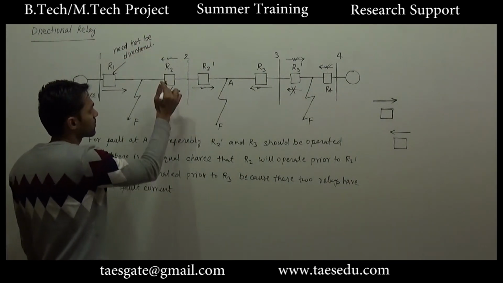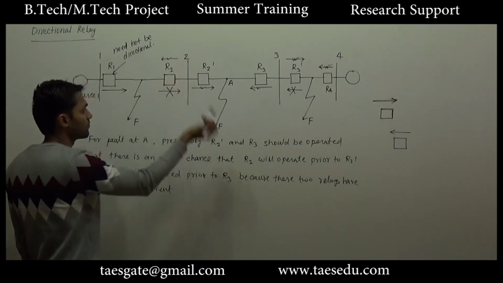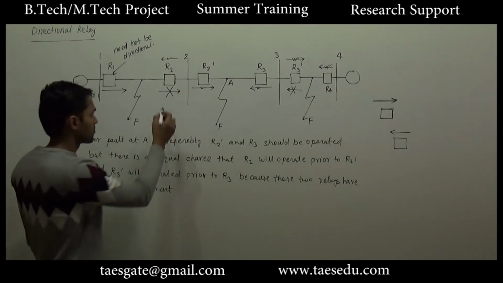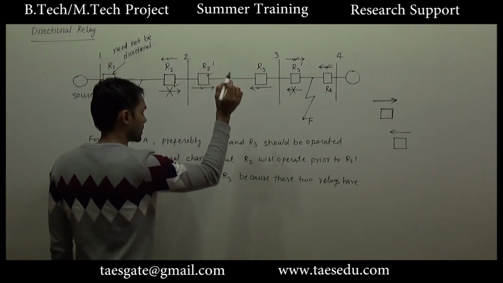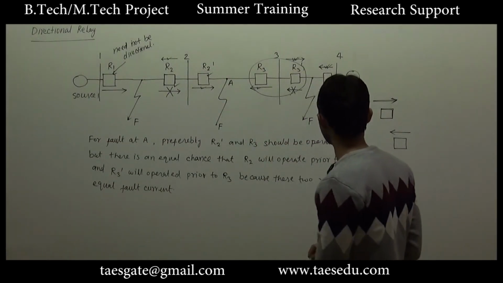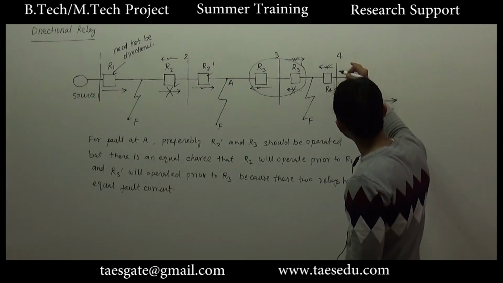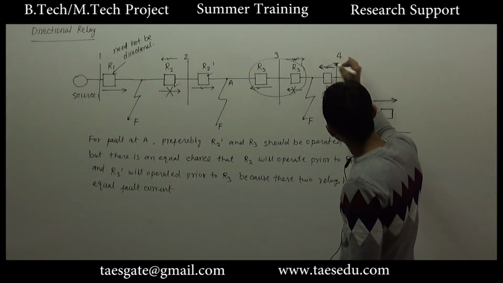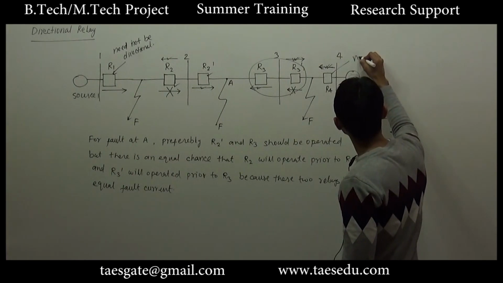The direction of current in this relay may be left to right and right to left, so this has to be directional, this has to be directional, and these two relays also need to be directional. Again, consider the relay R4, the direction of current is only from right to left, so this need not be directional.